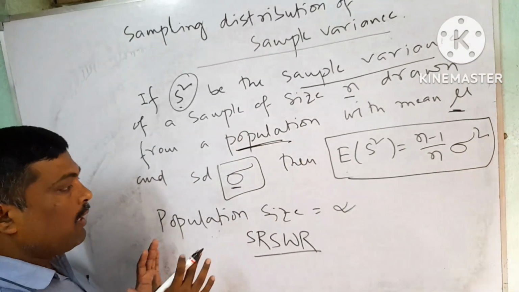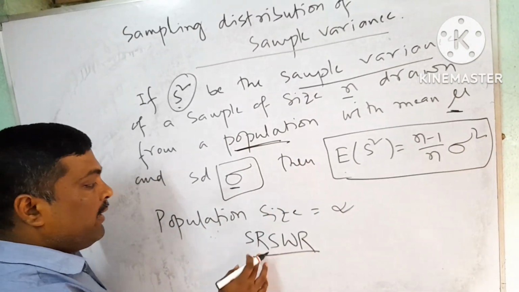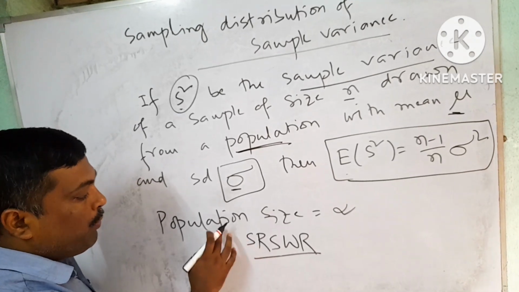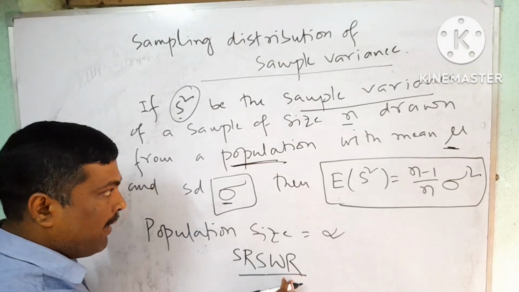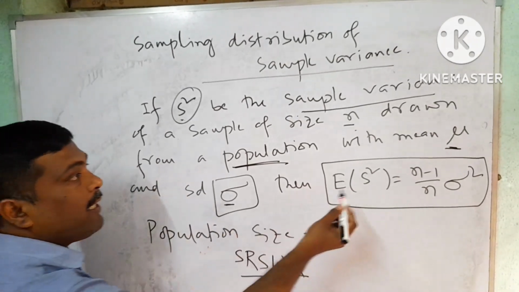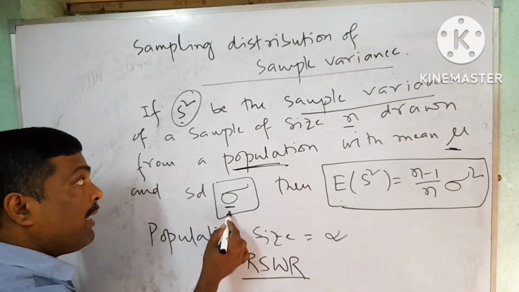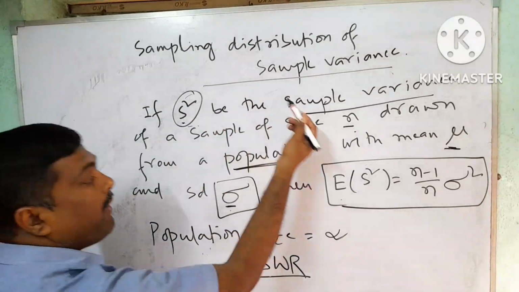Suppose we have a population of infinite size, and take one sample of size n from it with simple random sampling with replacement. What is n? n is the sample size.